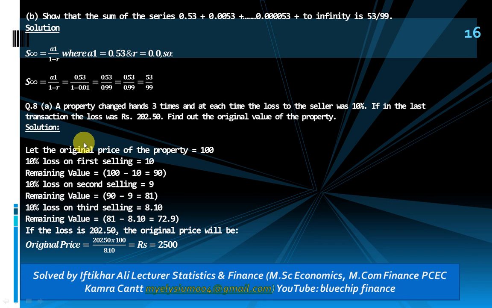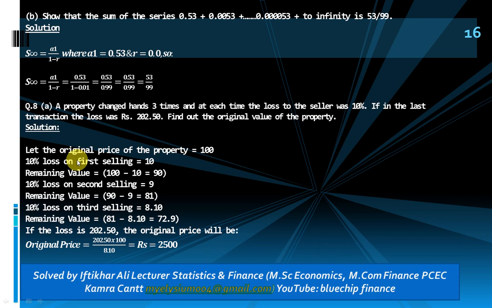Question number 8, part A. A property changed hands 3 times and each time the loss to the seller was 10%. I think this question is already discussed and solved in a previous paper. If in the last transaction the loss was rupees 202.50, find out the original value of the property.